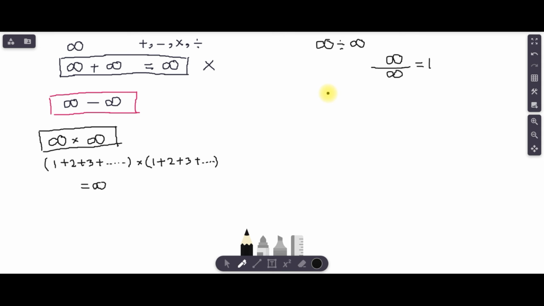If I write 1 plus 2 plus 3 dot dot dot, with as many terms as possible, divided by the same 1 plus 2 plus 3 series with the same number of terms, it's equal to 1. Now can the answer be 2?